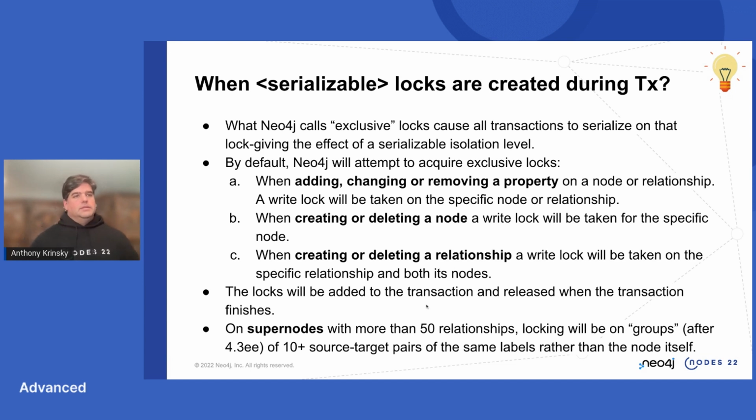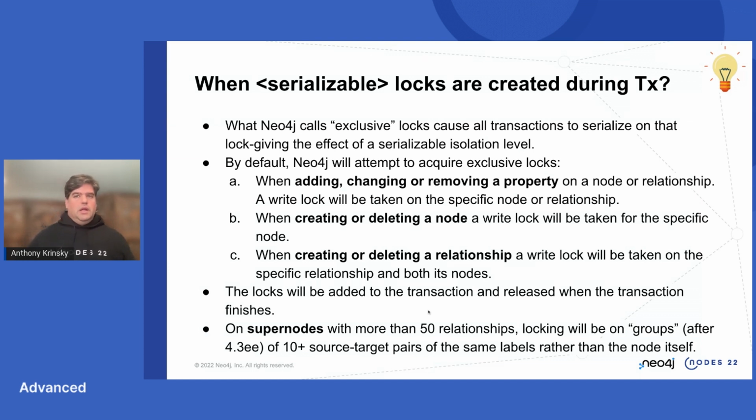Now, you're probably asking, what happens when you have a node with 1 million followers? If Elon Musk exists in the Twitter network, how do we handle that? In version 4.3 Enterprise Edition or later, we actually treat those records in the underlying file system as a set of records, a group, if you will, rather than one.